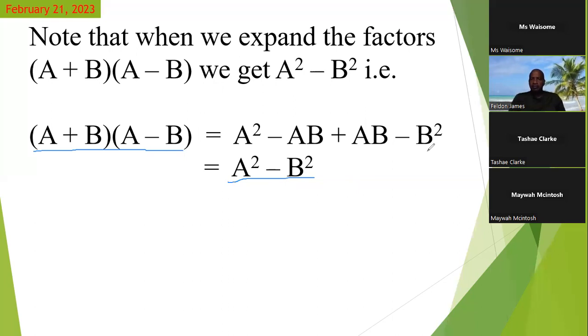Go ahead, Ms. Wilson. Sir, how did you get one of the brackets to be a plus b and one a minus b? Well, actually, it's not that we got them to be that way. It so happened that when we are given those factors to multiply, we end up with this product.